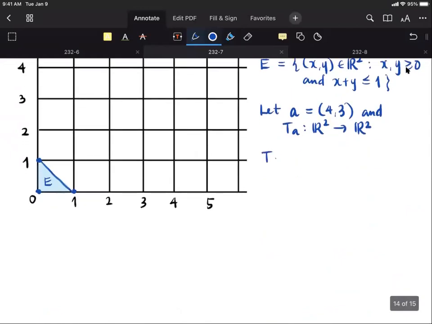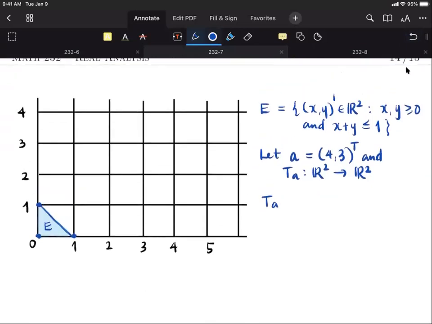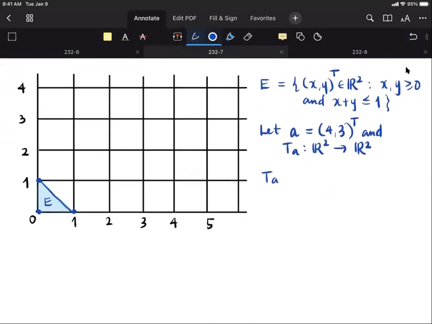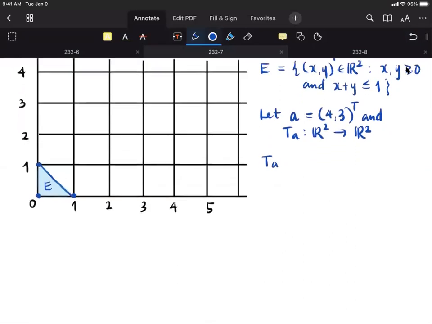So T sub a of (x,y), and we will write vectors in column form, is mapped to (x plus 4, y plus 3).